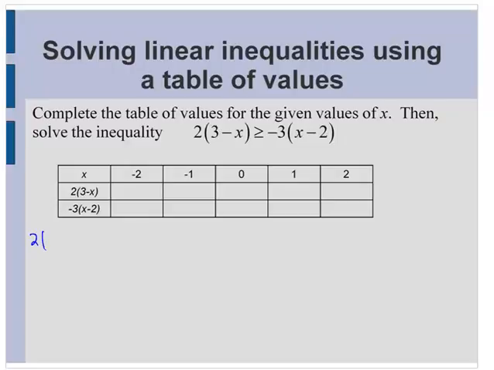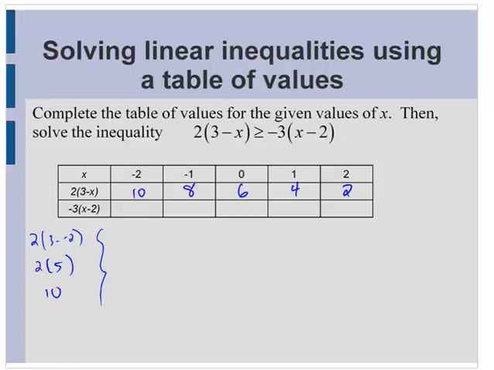So we'd have 2 by 3 minus negative 2. That's 2 by 5, which is 10. And continuing with the row for 2 times 3 minus x, we would have 8, 6, 4, and 2.